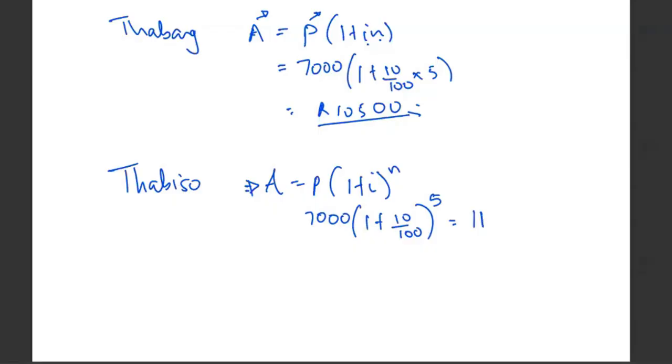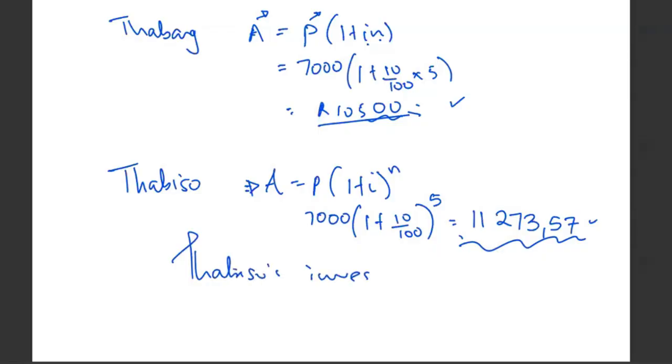When you substitute that into the calculator, we are getting 11,273.57. Given that the accumulated values are different, this amount is higher than the other, meaning that Tabiso's investment will earn more interest. So that is our 1.1.